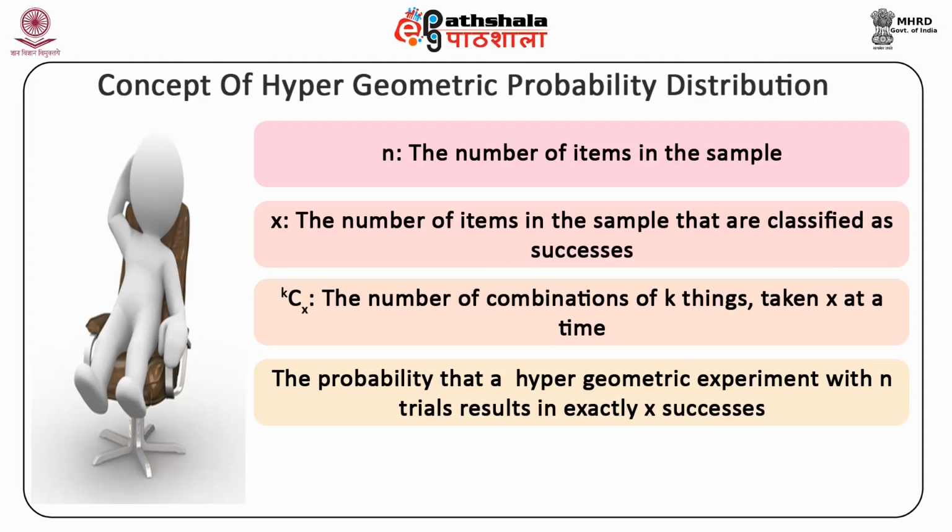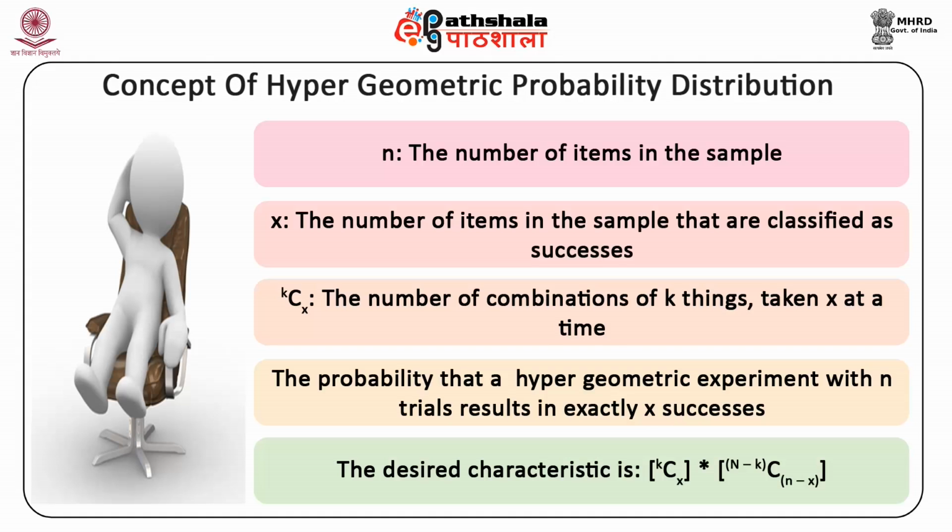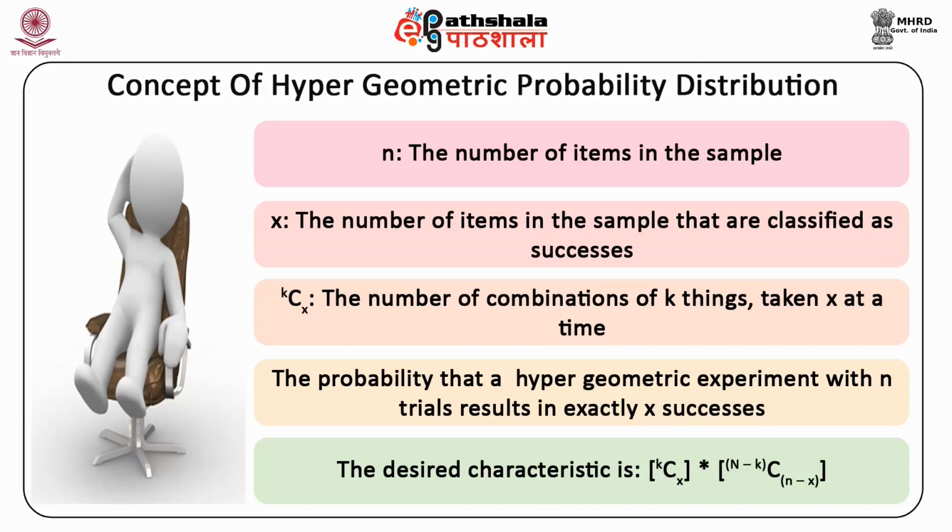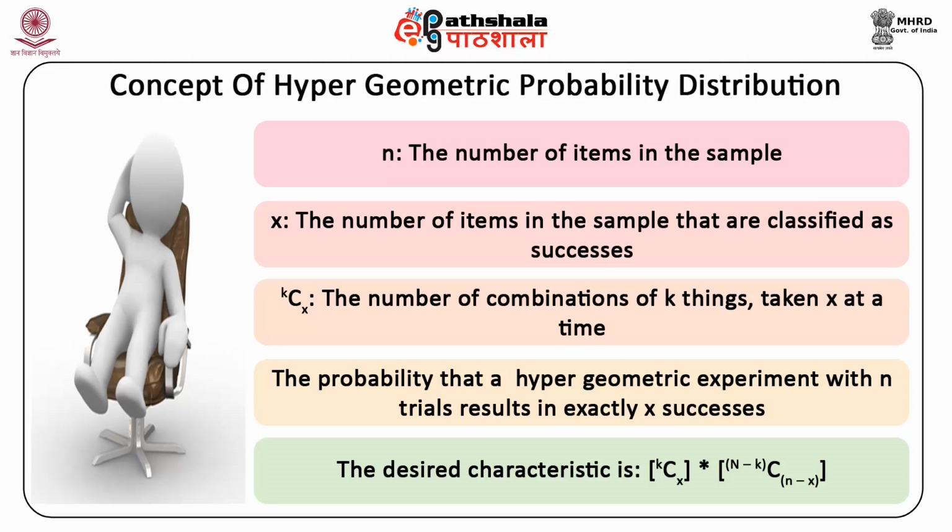Therefore, the total number of ways to draw x items with the desired characteristic and n minus x items not possessing the desired characteristic is kCx into (N minus k)C(n minus x).